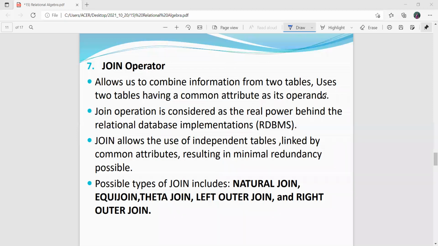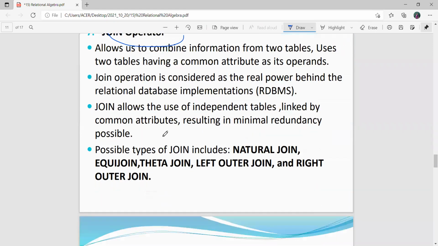Okay, then let's discuss the join operators. The join operator allows us to combine information from two tables having a common attribute as its operand. The join operation is considered the real power behind the relational database implementation.